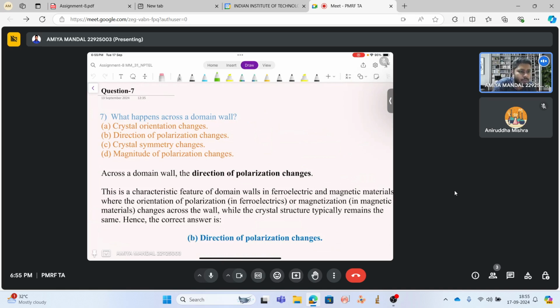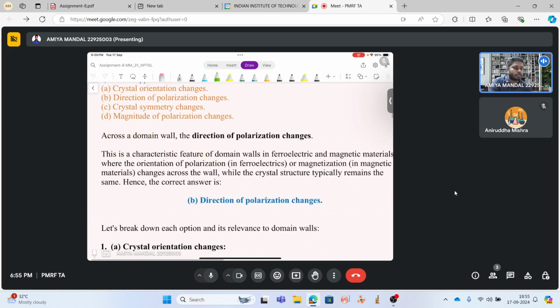Why would orientation change? Orientation means the total orientation of a domain. It's not related to the domain wall. So across a domain wall, only the direction of polarization changes.